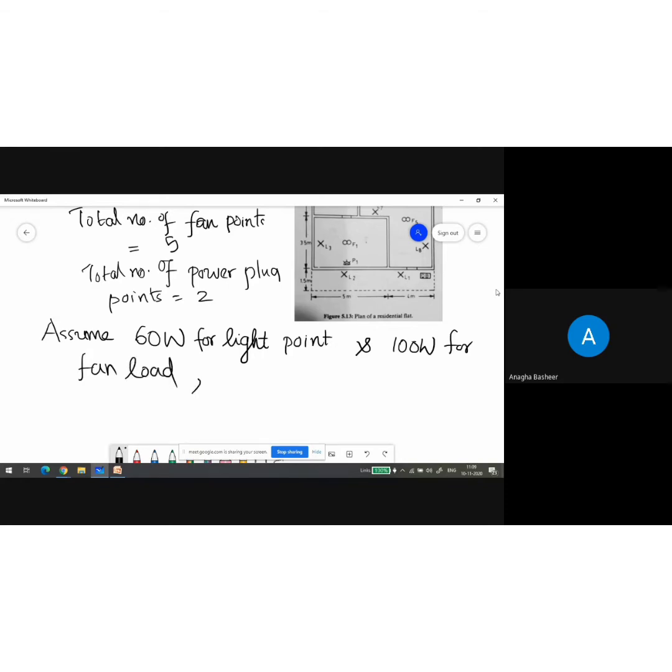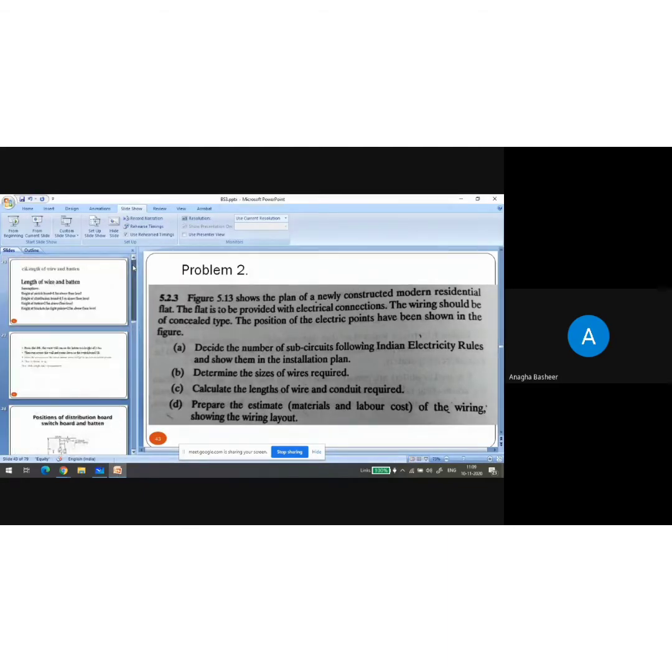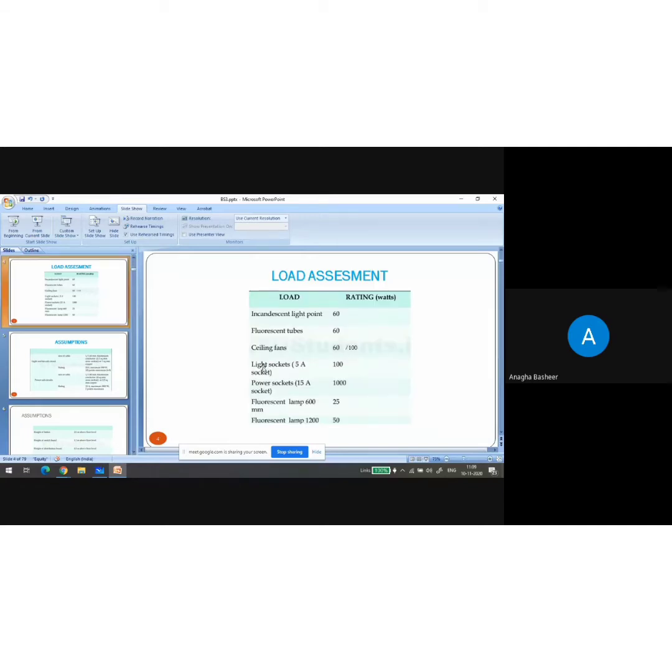And for power plug, what was the rating? Do you remember? In that PPT, initially we have explained the corresponding ratings of each. So here, if it is light socket, that is 5 ampere socket, it is 100 watts.